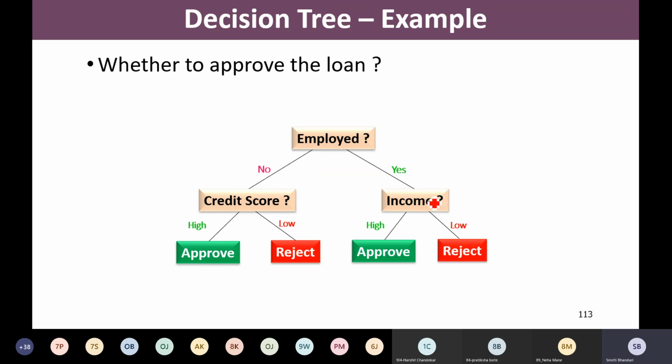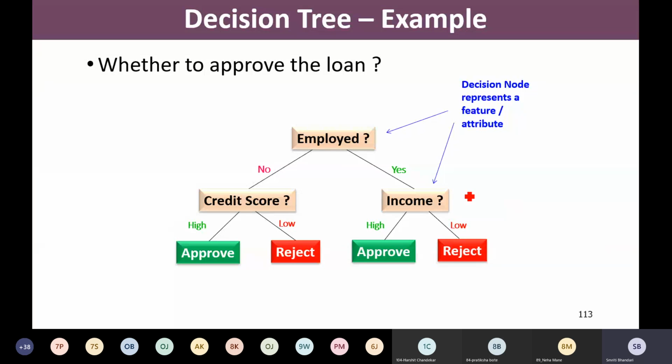Right? So this is how at different stages the decisions are being made, and according to the decision, different criteria are checked again, and based on that the decision is made. So this is how our decision tree looks.